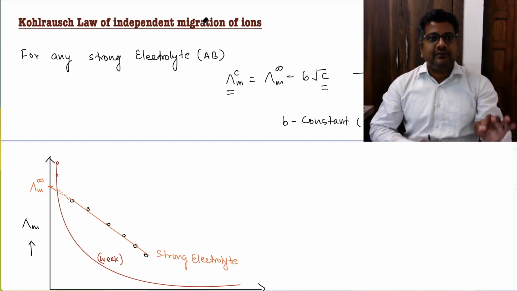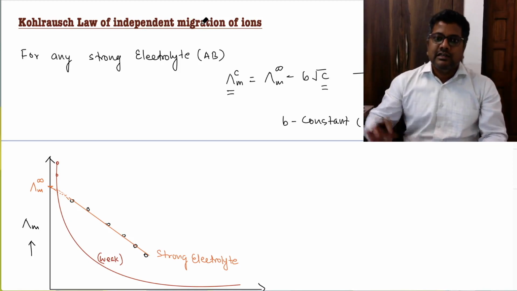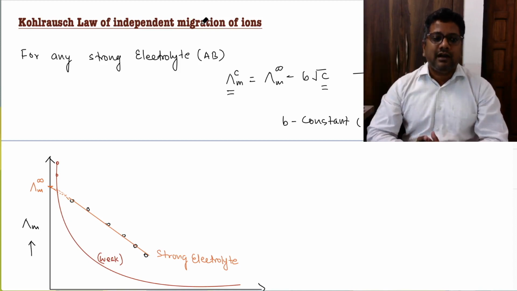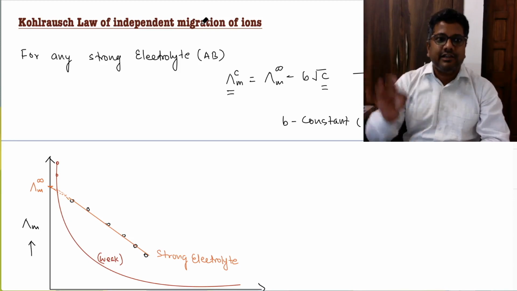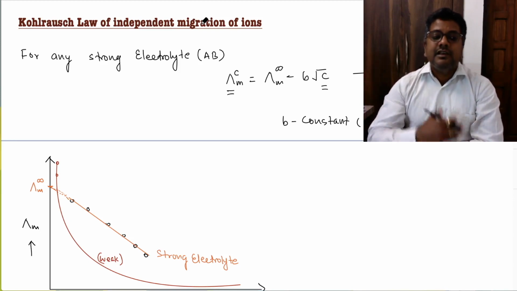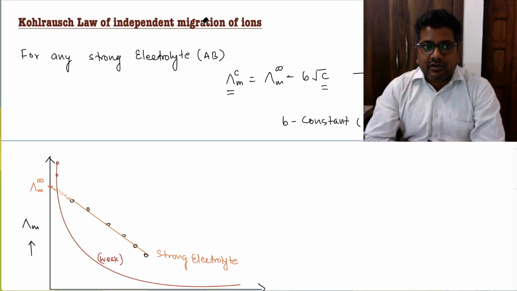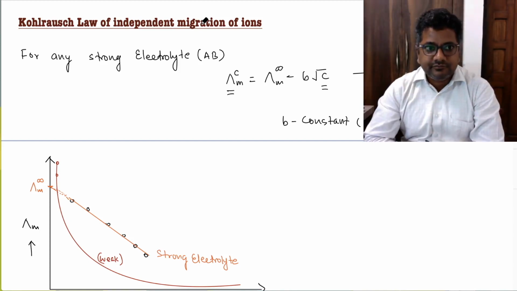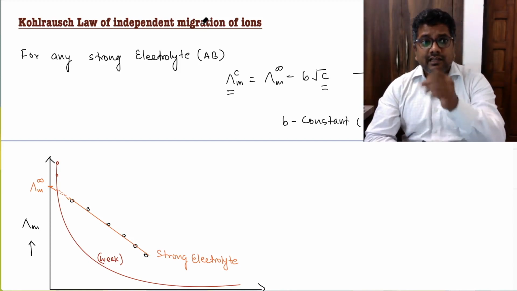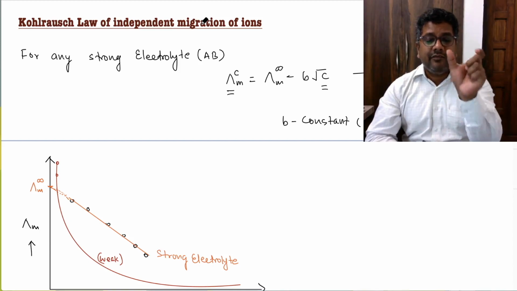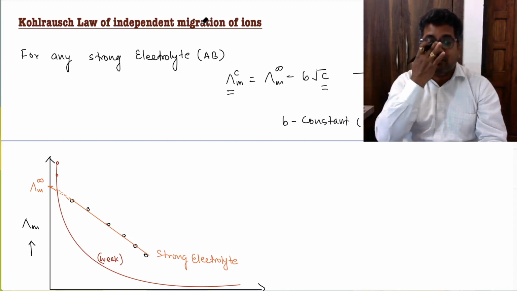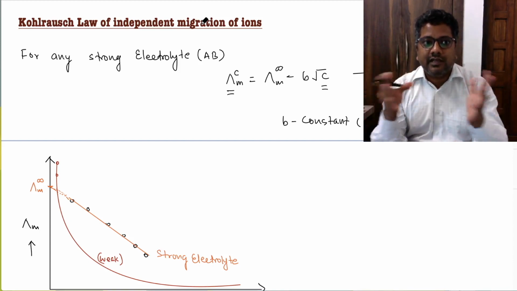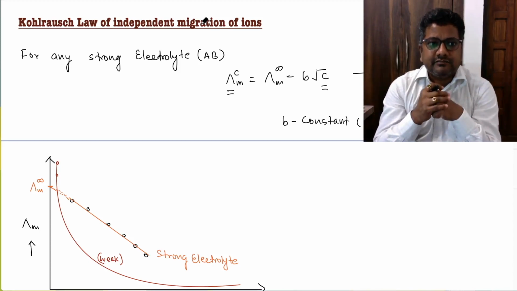And if you have the value of lambda m infinite for acetate ion, it is not necessarily derived from acetic acid; it may be derived from some other strong electrolyte like sodium acetate. So if you add the values of lambda m infinite for H plus and lambda m infinite for acetate ion, this will give the lambda m infinite for acetic acid.